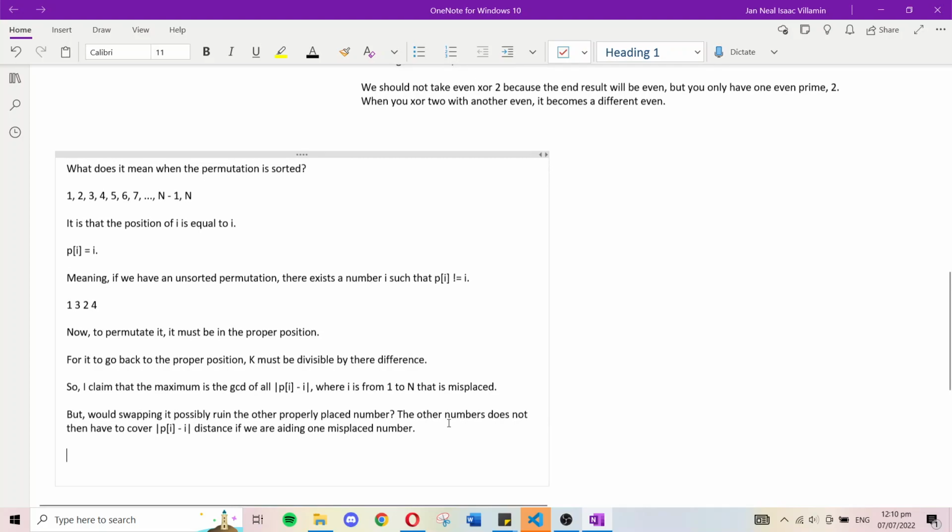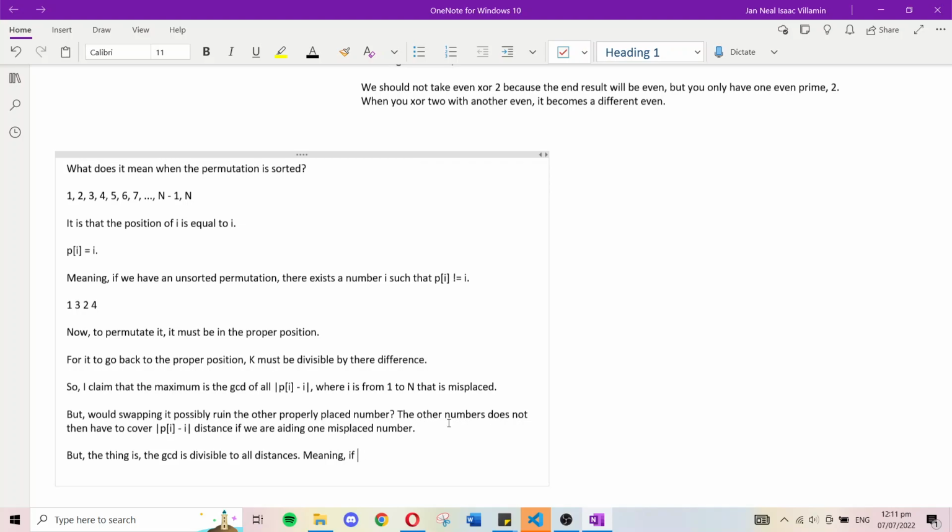So while we're moving one number, the other numbers will be ruined, and some other misplaced numbers would have a different distance to cover. It's not Pi minus I. But the thing is, the GCD is divisible to all distances.